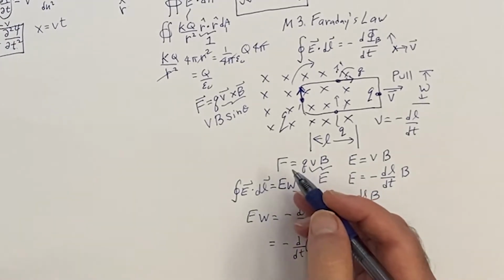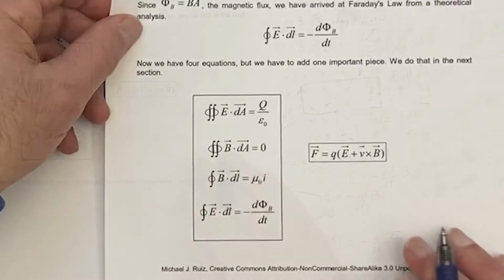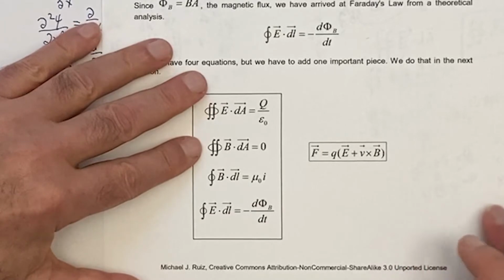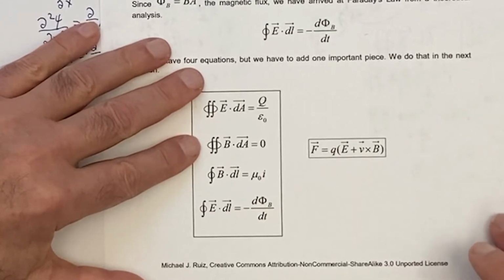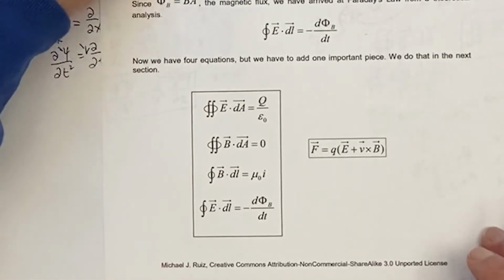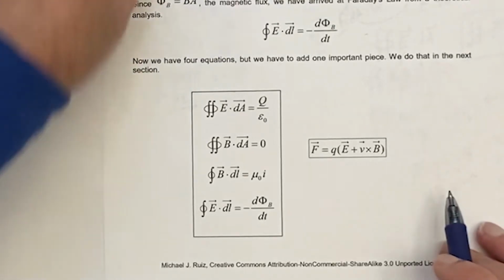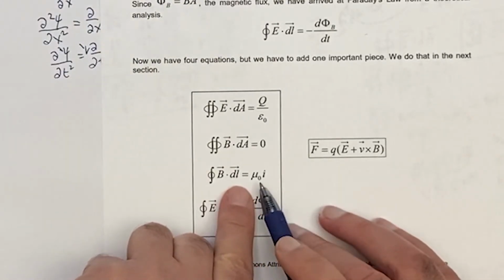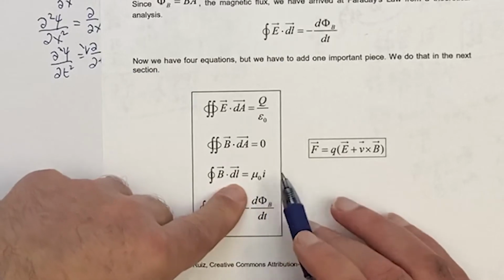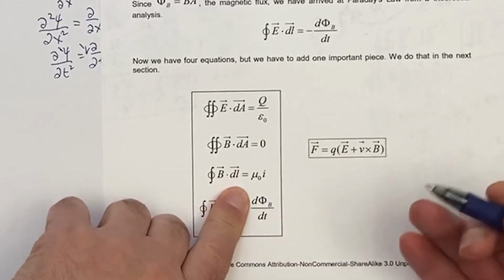So now we look at a summary. If we look at a summary here, we already have these equations written down. Now, the only one I didn't do for you is this one. So let me go ahead and fix that.